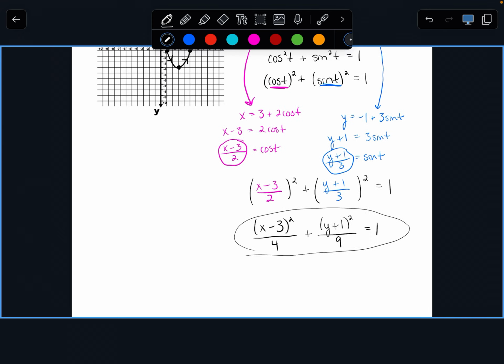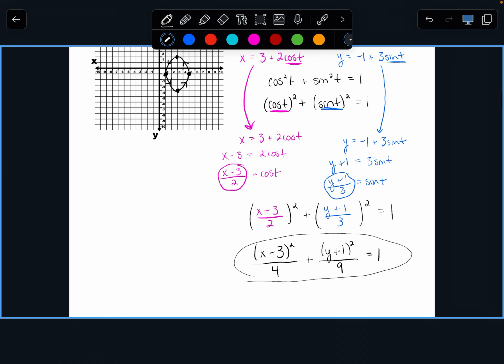So is that like an ellipse? What? Do you remember? Oh, wait. Where's the center? Where's the center of the ellipse? Oh my gosh. Oh. And wait a second. Wait a sec.